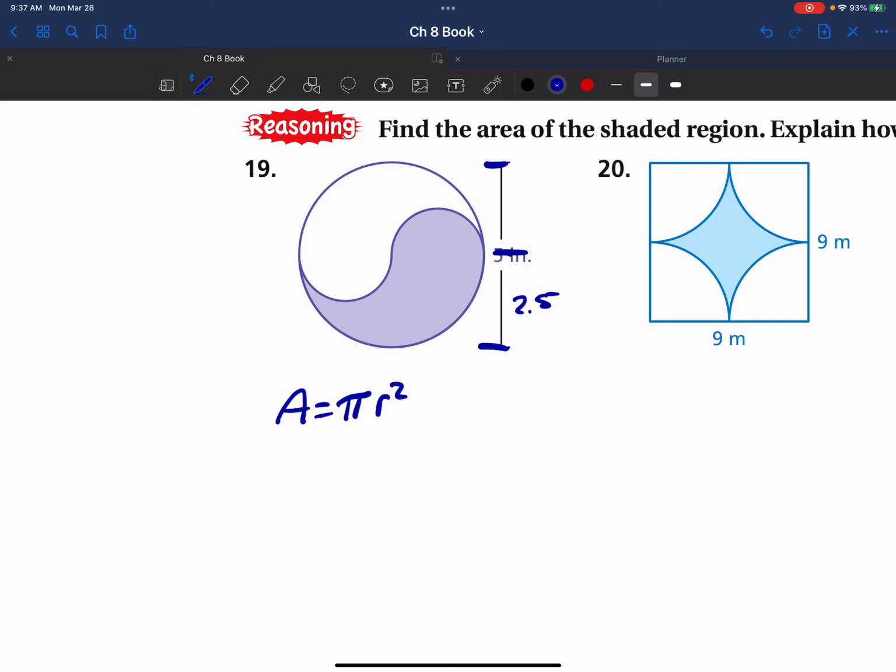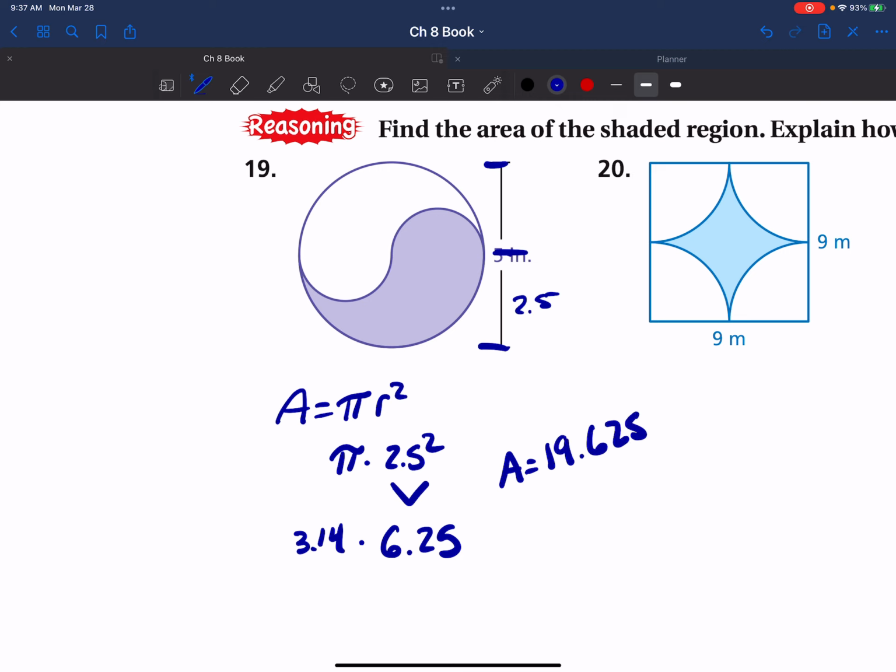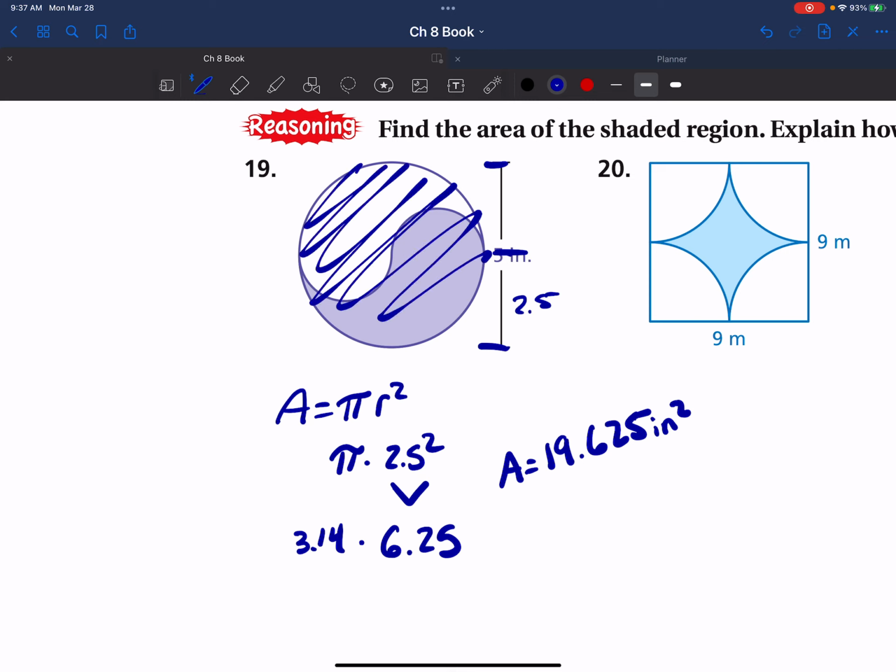Okay, so if I'm going to find the area of the whole circle, it's going to be pi times 2.5 squared. 2.5 squared is 6.25. And I'm going to take 6.25 times 3.14. So the area of the whole thing would be 19.625 inches squared.